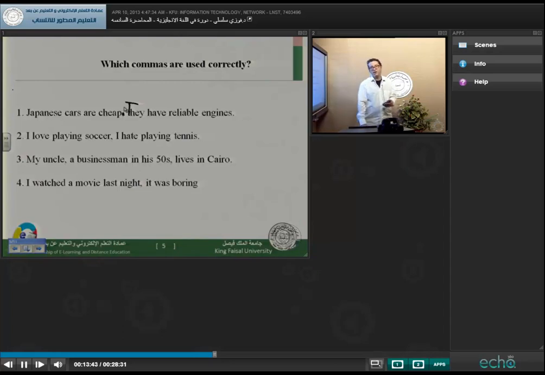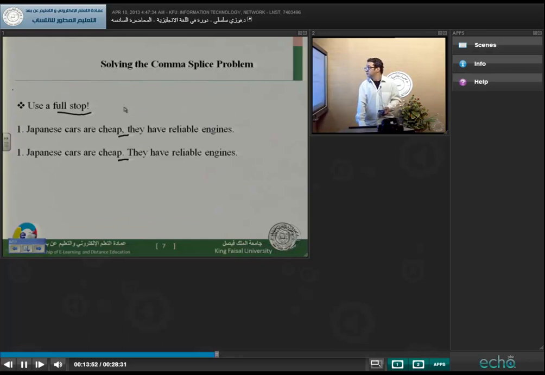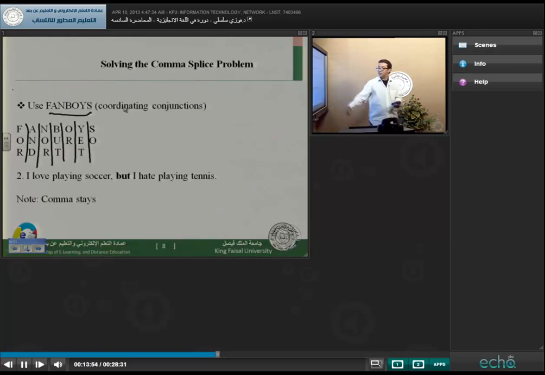This is an example where you can use a coordinating conjunction to solve this comma splice. For example, you say, I love playing soccer, but I hate playing tennis. So you keep the comma there, and you solve the mistake by putting in a coordinating conjunction.